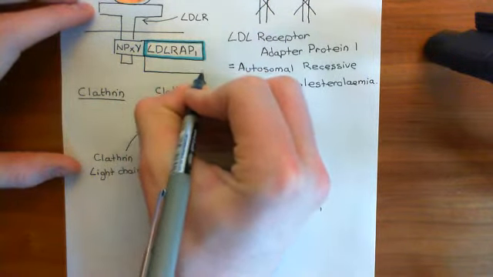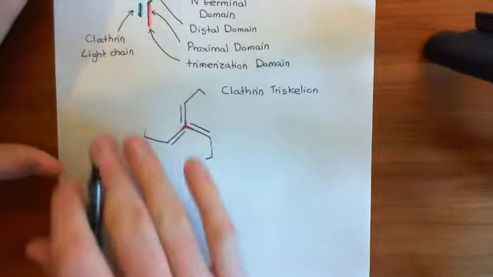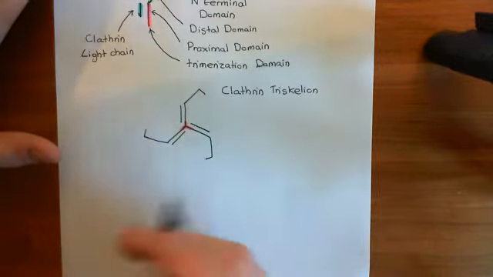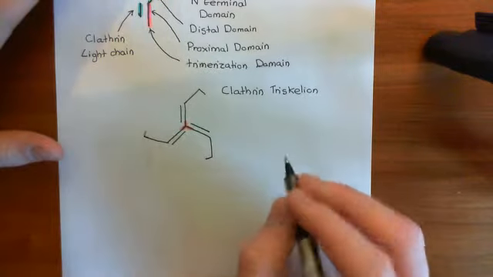Okay, coming and binding, and then what can happen is other Clathrin molecules can bind to this first Clathrin molecule, and they can start to polymerize into a buckyball. Okay, so let me discuss the structure of a buckyball with you and how Clathrin triskelions can assemble into a buckyball-like structure.